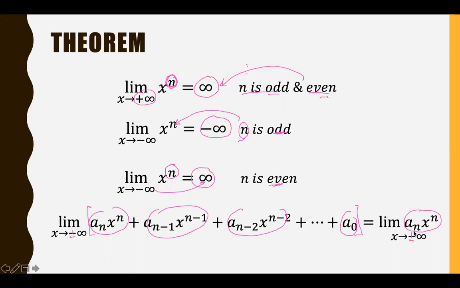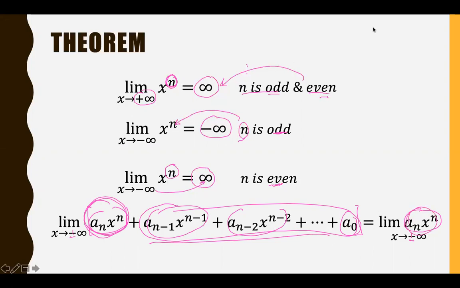So there is no need for you to solve for the limit of the remaining terms. What you will focus on is just the leading term, meaning the one containing the highest exponent. So instead of solving all of these, you solve for just this one.